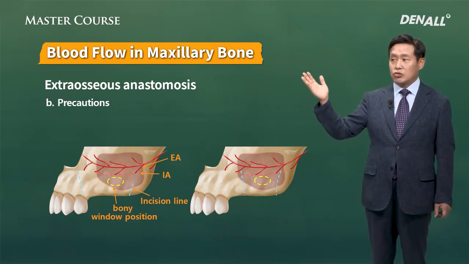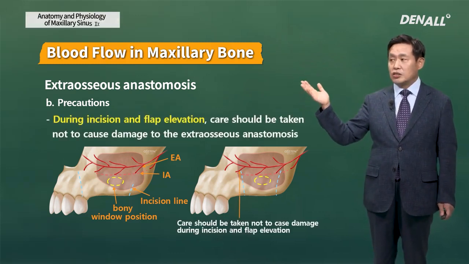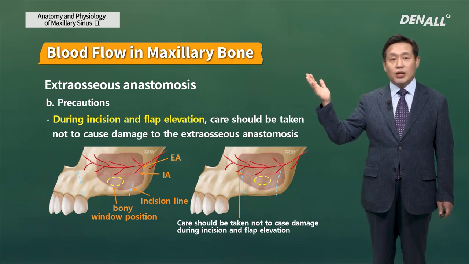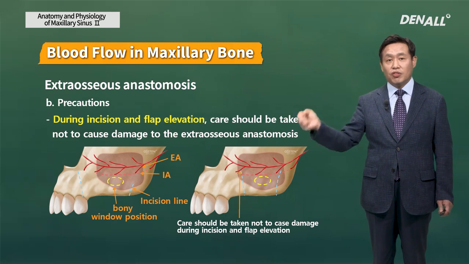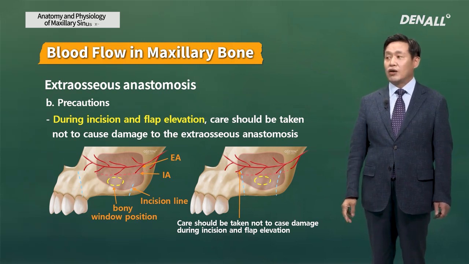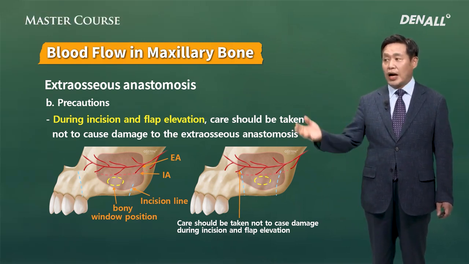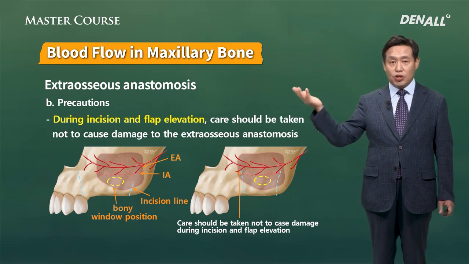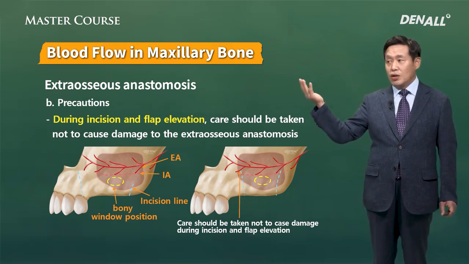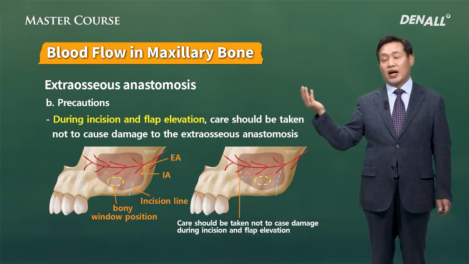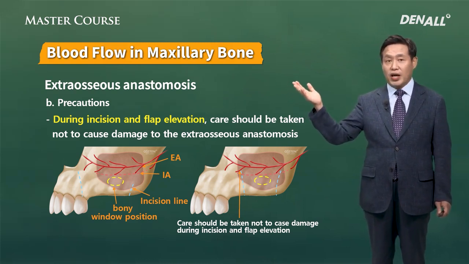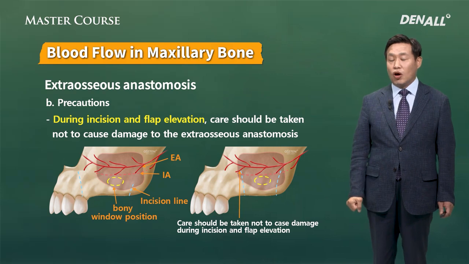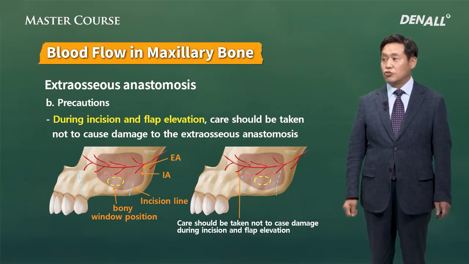Generally, when we raise a flap for sinus surgery, care should be taken not to cause damage to the extraosseous anastomosis, during the periosteal incision and flap elevation. You need to mind the location or position of it.